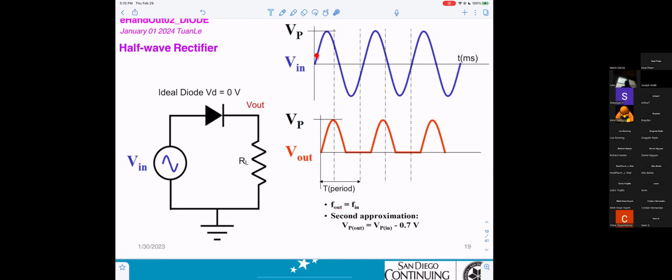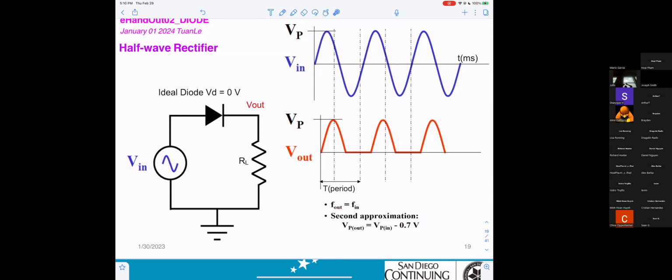The input is a sine wave here, okay? And now the output is just the half positive part of the sine wave, okay? No negative. So that's why they call it a half-wave rectifier.